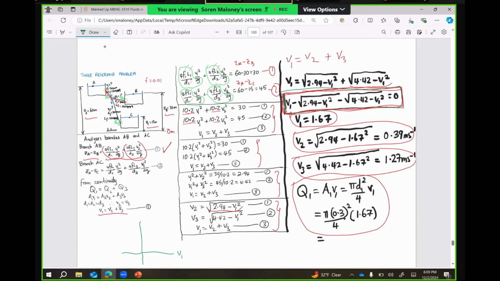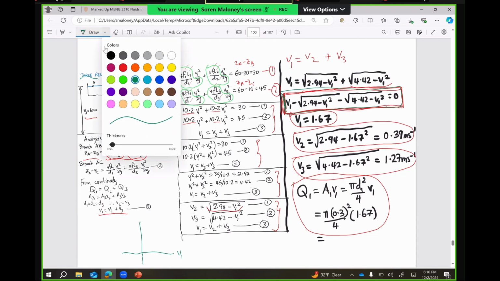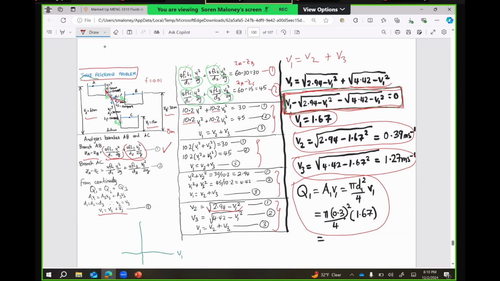But again, I'm not going to test you on setting up something like this, right? The most I might give you, and I doubt it, is a problem where you learn how to set up a tree reservoir problem, right?